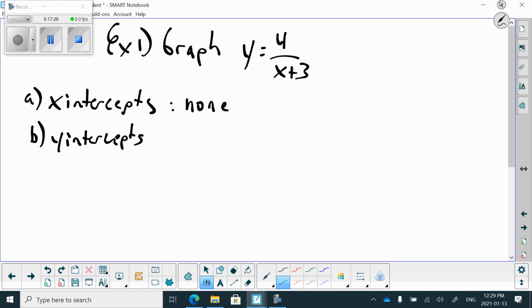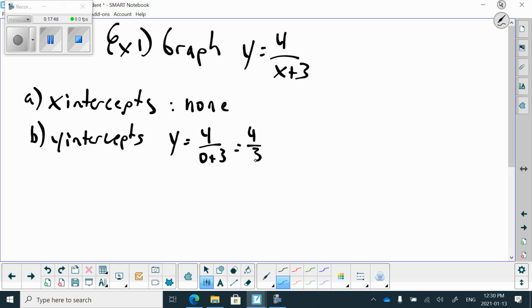So y-intercepts. You get the y-intercept again. Set x equals 0, okay. So y equals 4 over 0 plus 3, which would be 4 over 3.